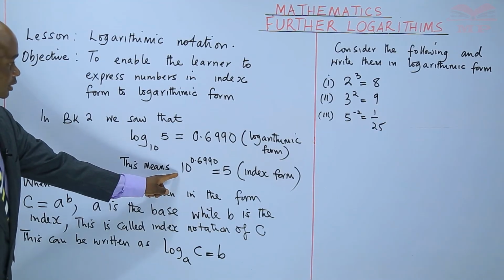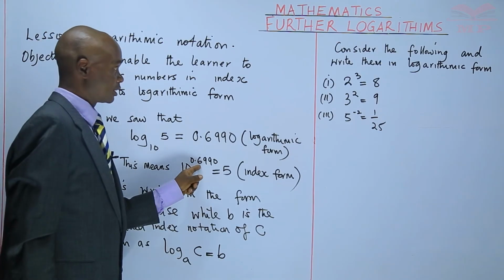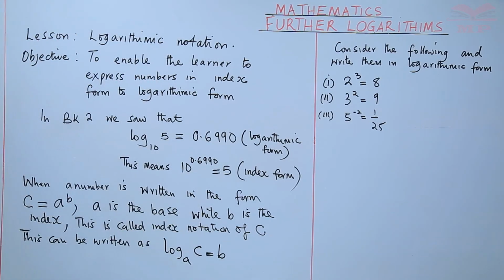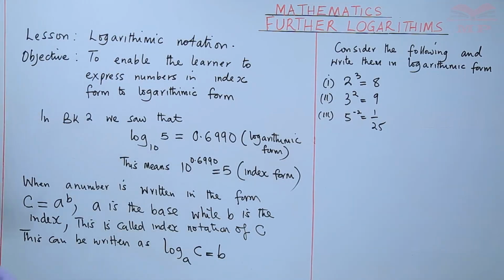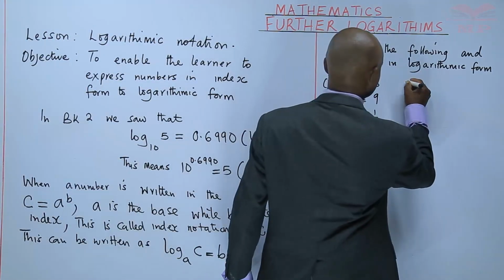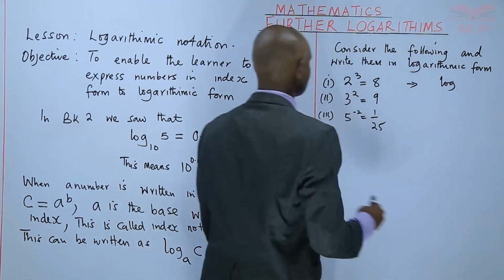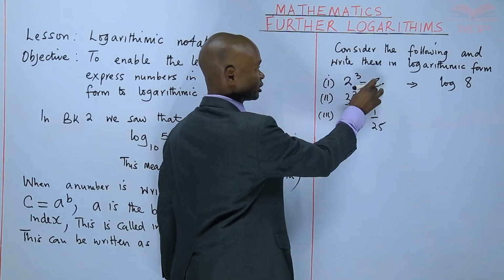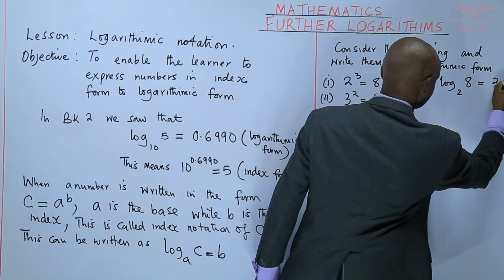So you see, here we had 10 raised to that gives us that. In this case, the base is 2. It can be written, in logarithmic form, as log of 8 to the base 2 is equal to 3.